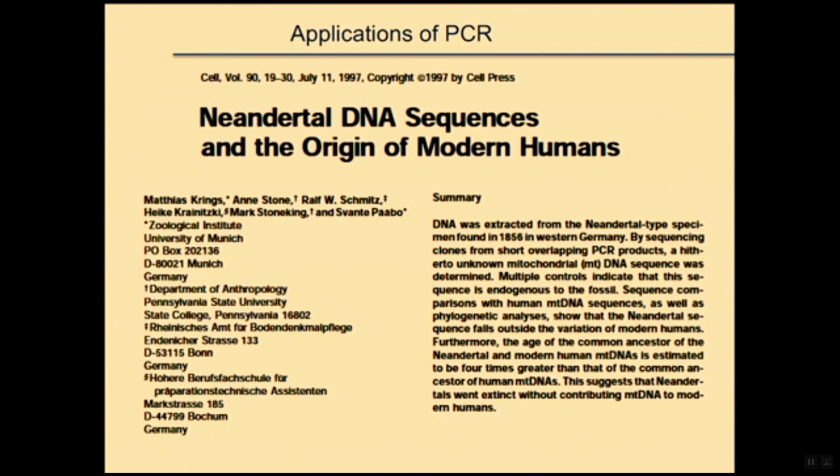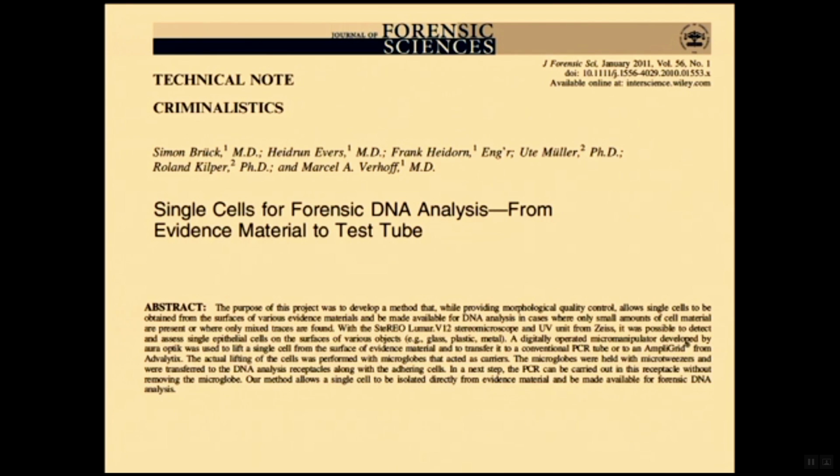You can do these sequence comparisons between Neanderthal and look at the origins of modern humans, etc. So that's obviously a very powerful technique if you can sequence genomes, and that's, as we said, a modified version of a polymerase chain reaction.